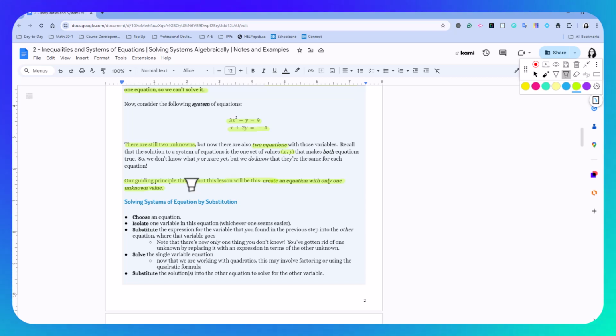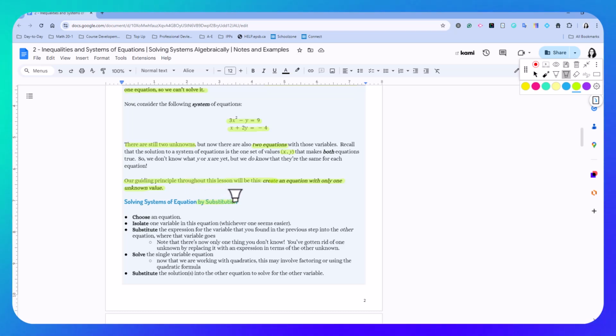We're going to do it through the two methods that we learned about in 10C. The first one is solving by substitution. In substitution, we choose one of the equations and we isolate one variable in this equation, and generally look for what's easiest. We then substitute the expression for the variable that you found in the previous step into the other equation.